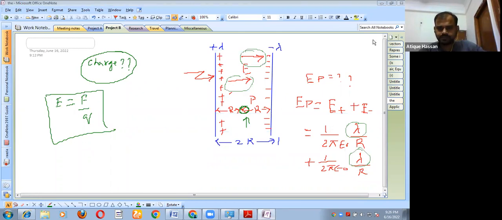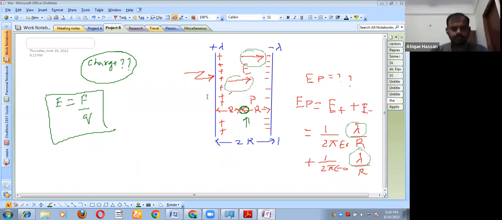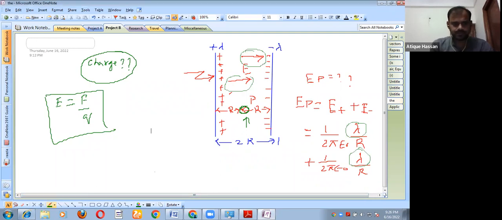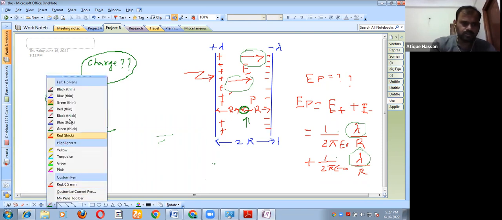So now if we find the resultant field, we will add both the values.